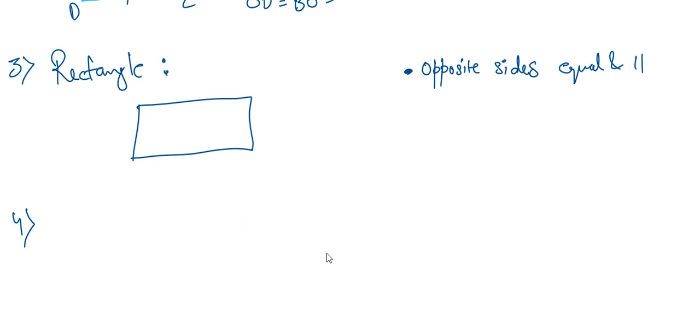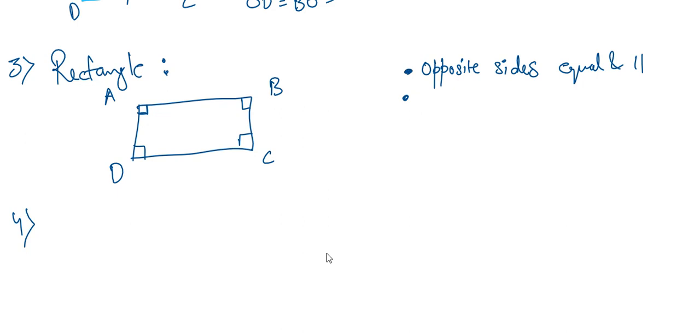If I label A, B, C and D, since opposite sides are parallel, and opposite sides equal, there is another property that each of the angles with adjoining edges are right angles.